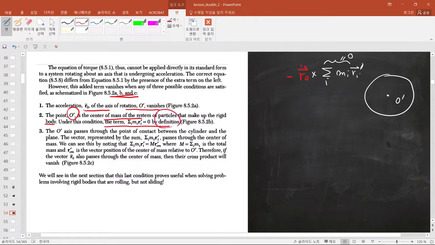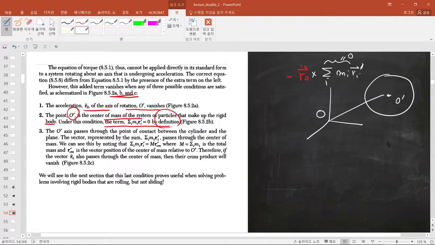By definition, if this O prime is the center of mass, it doesn't matter whether the center of mass is accelerating or rotating or whatever.